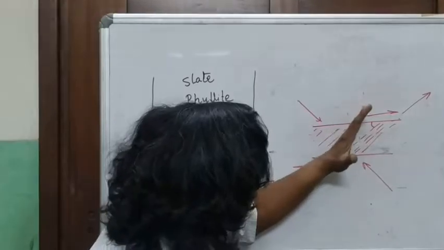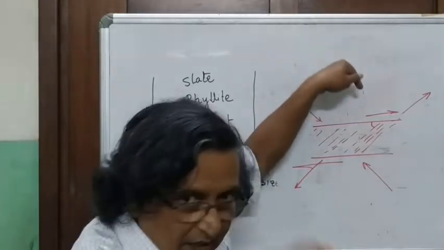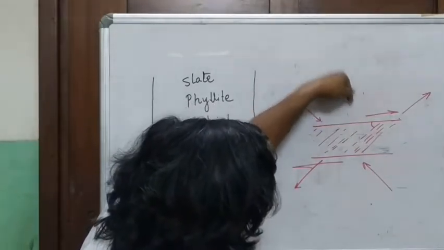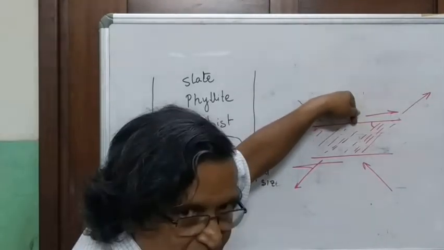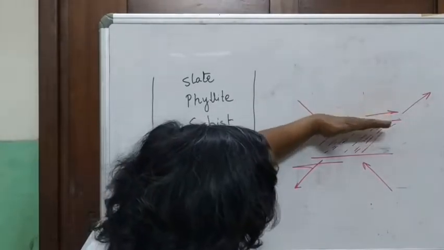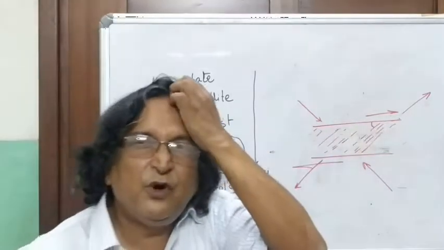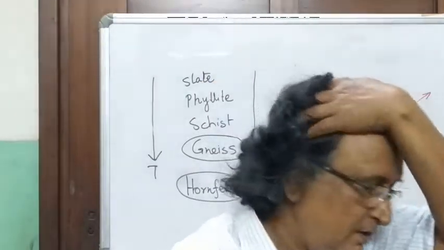But in pure shear, since the shortening direction is like this, the minerals were aligned perpendicular to it and therefore parallel to the shear zone wall.